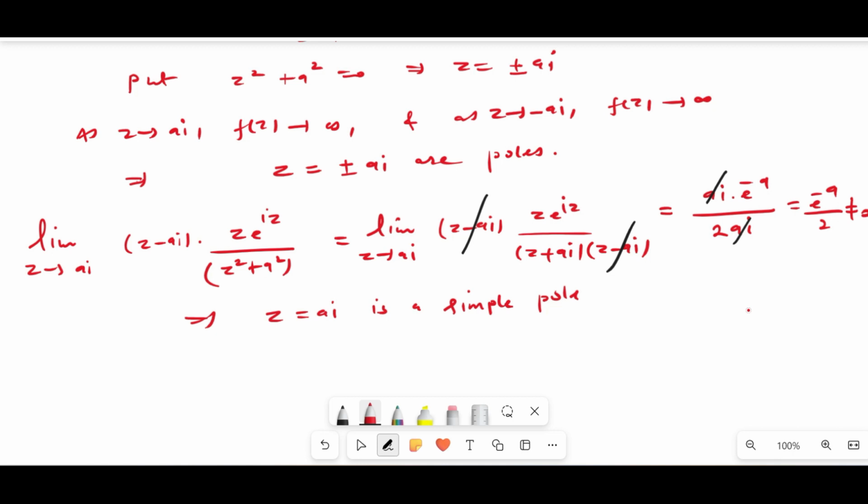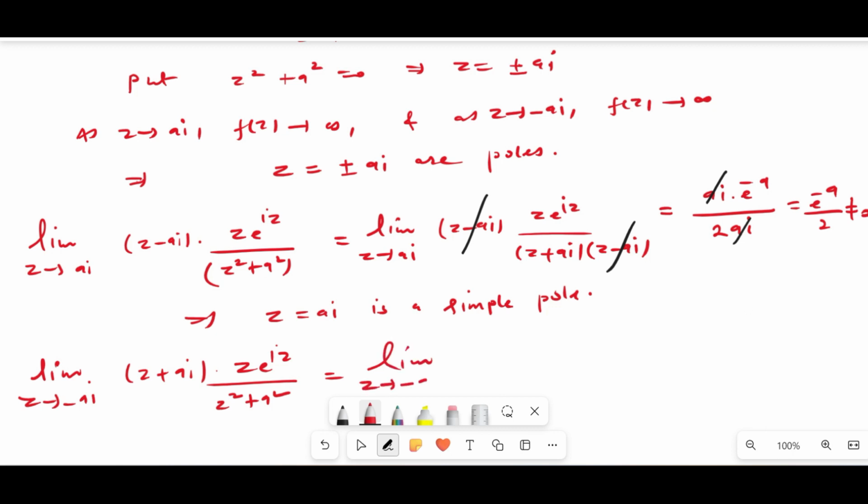Similarly, we can find the limit z tending to negative ai of (z + ai) z e to the power of iz over z square plus a square. That is the limit z tending to negative ai of (z + ai) z e to the power of iz over (z + ai) multiplied by (z − ai).